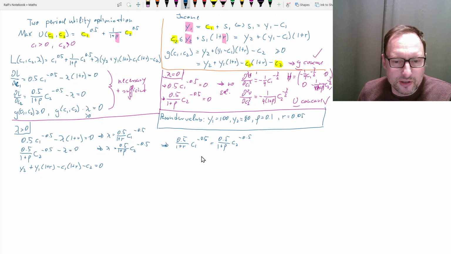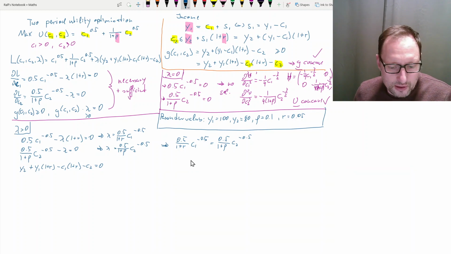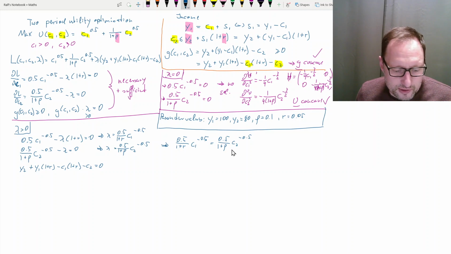So let's solve this equation for c1, and then that will be the nucleus for our solution. The best way perhaps is to deal with these negative powers, which are a little bit annoying. We can divide through by 0.5, and then the 0.5 disappears on both sides of the equation.